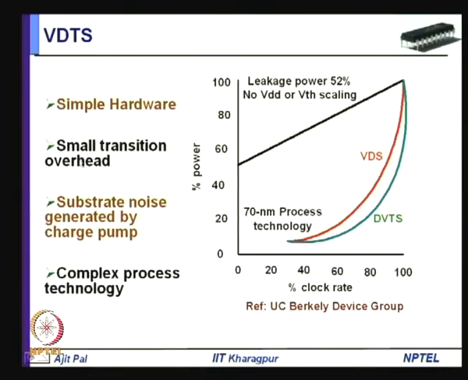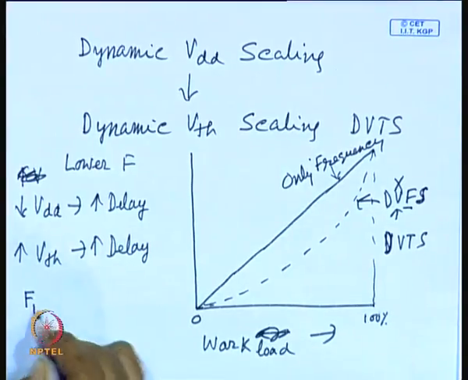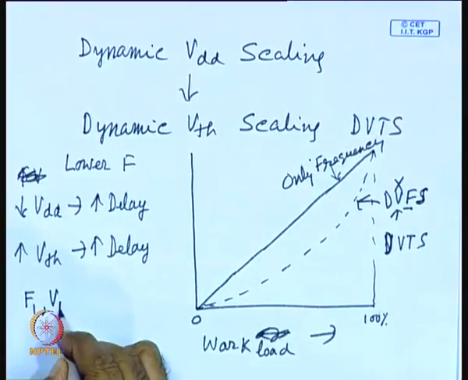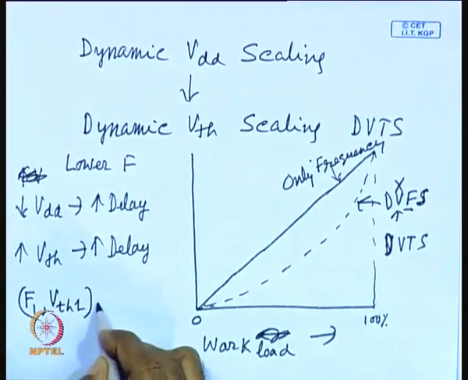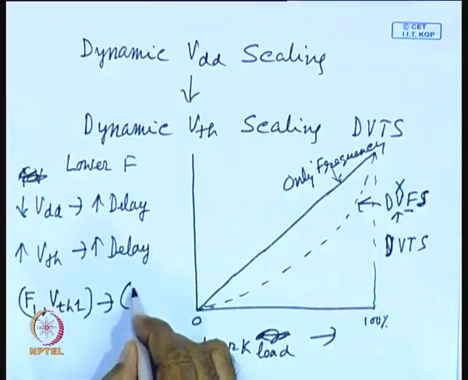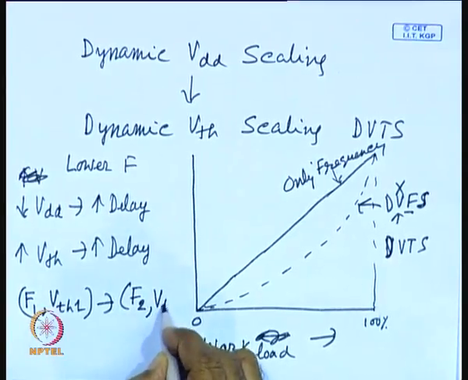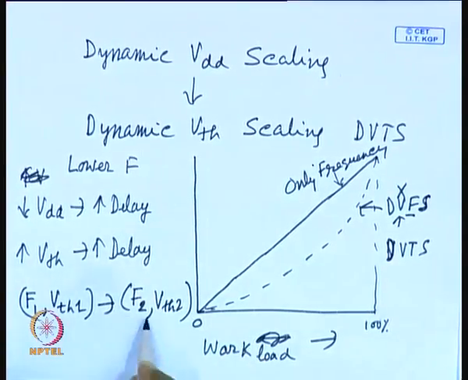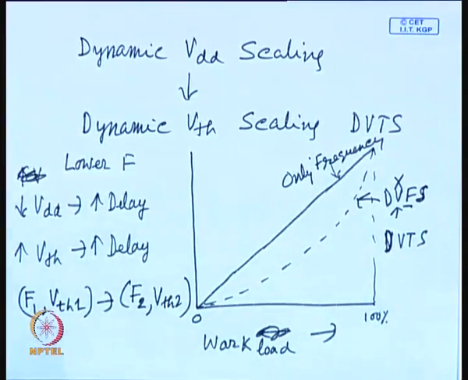And the transition overhead: as you switch from one frequency and threshold voltage pair to another, you will be operating at a particular frequency f1 and VTH1. Then, depending on the performance required, you will switch to another frequency f2 with a threshold voltage VTH2. This has some delay overhead.